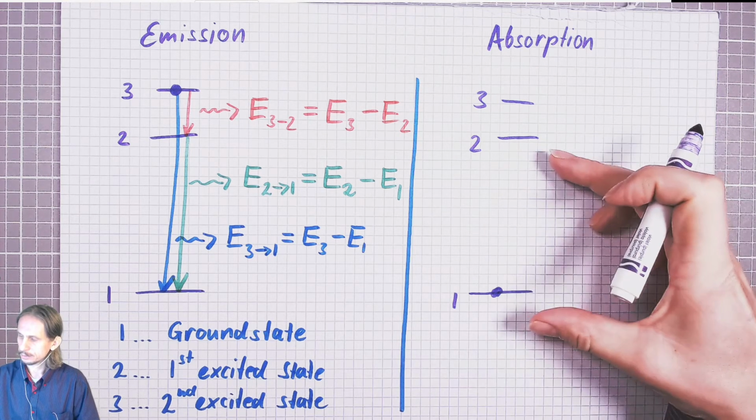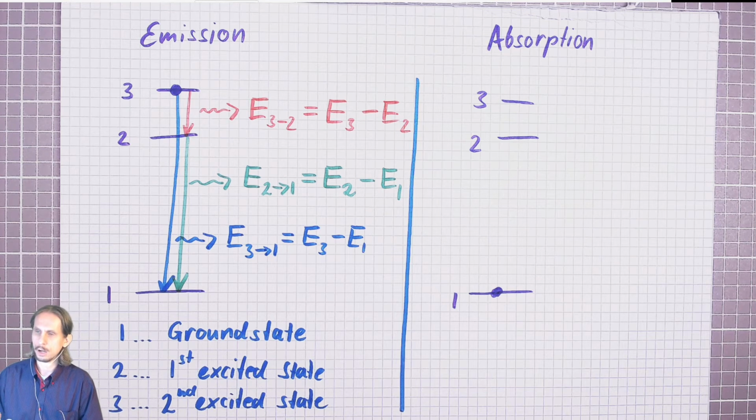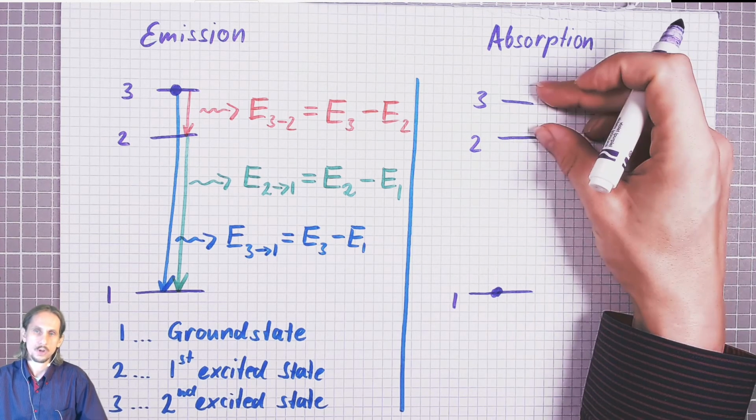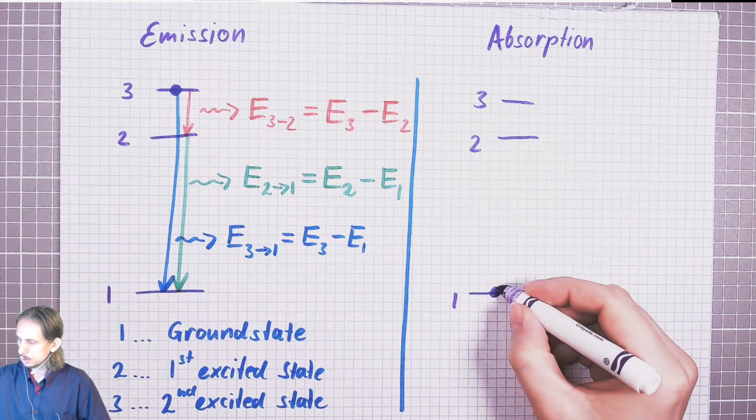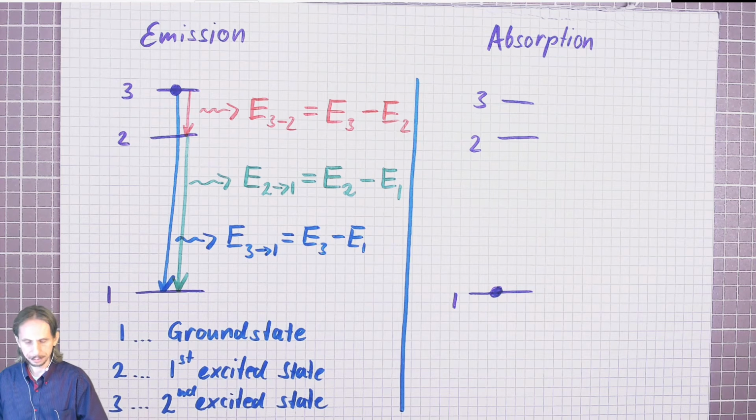The energy difference that you can get out of thermal excitations will be on the order of 1/40th of an electron volt. We have seen that these distances here typically are on the order of electron volts. So thermal excitation could normally not excite an electronic excitation. So initially, in a cold gas, we are in a ground state.